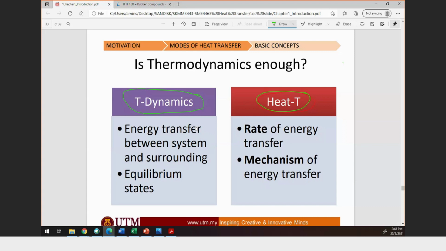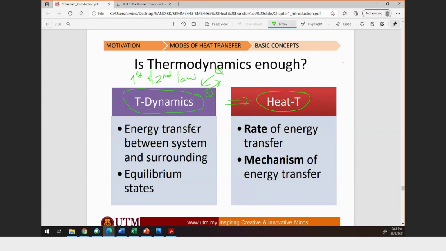Okay, so if you still remember, in thermodynamics we always use the first law, the second law, and then we do some energy balance, and we assume that there will be Q in and Q out. But how to find this Q is by using heat transfer analysis.